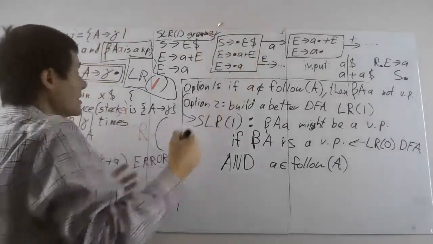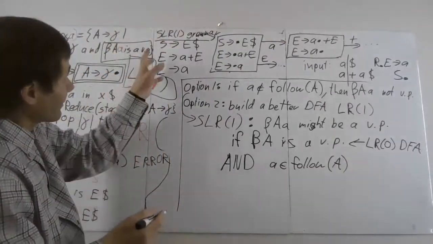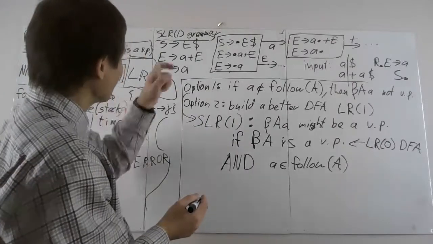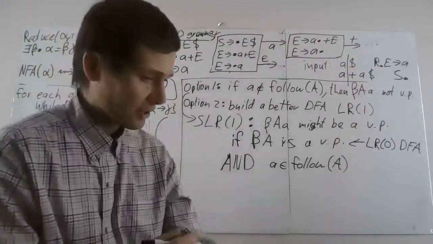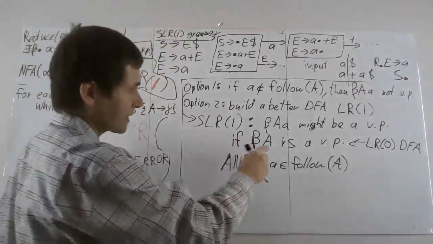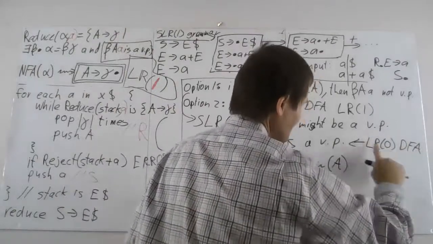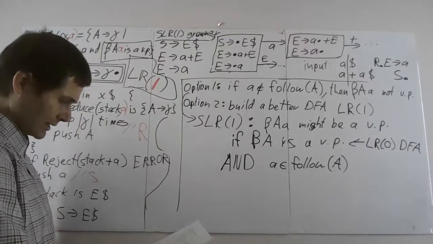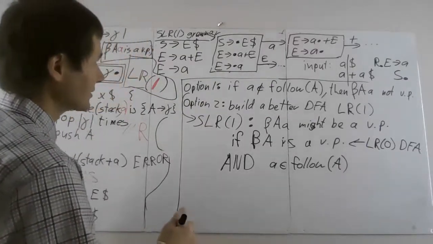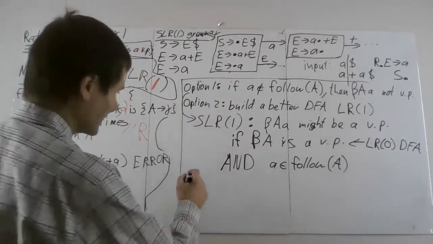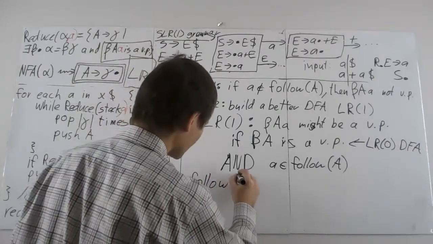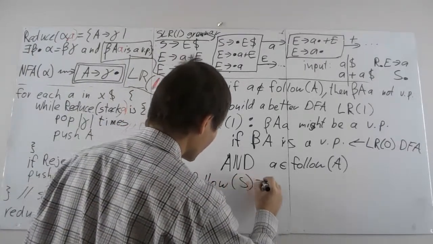You can't parse it with an LR0 parser, but you can parse it with an SLR1 parser, which means you can still use the same DFA, you just need the follow sets. So let's compute the follow sets for this grammar.